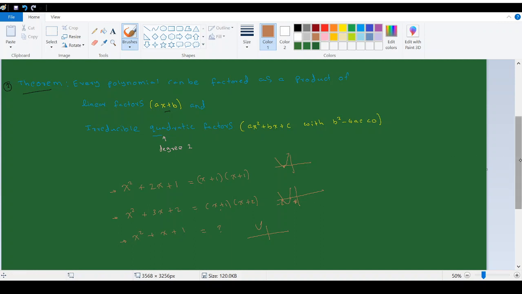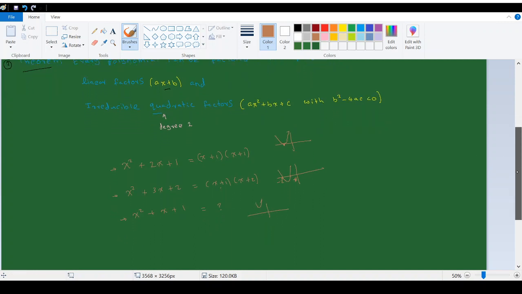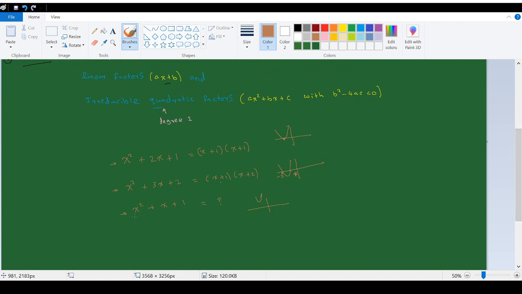So the point that I want to mention here is that you cannot factorize this polynomial into linear factors like this. And what do we mean by a linear factor? That means a polynomial which doesn't have any higher degree x terms.